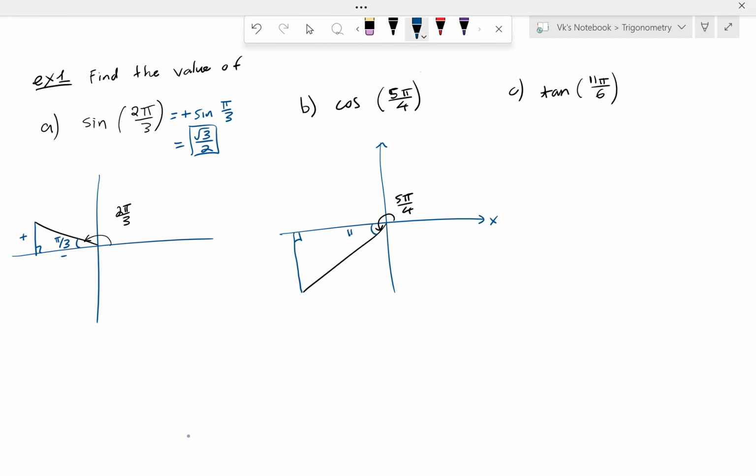The angle right here is pi over 4. So in the third quadrant, adjacent and opposite are negative, meaning that the value of cosine is negative. Negative cosine of pi over 4. And we know cosine pi over 4 is root 2 over 2, so negative root 2 over 2.